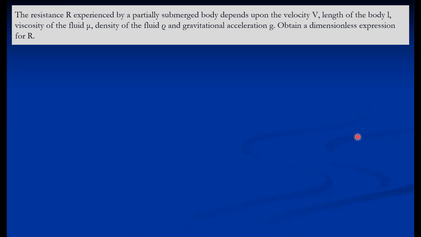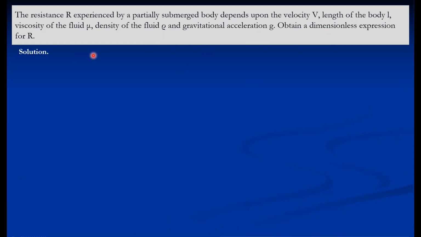So this is a physical phenomenon related with submerged bodies. A submerged body may be an aeroplane, a ship, a boat, or it may be a building also, because these flow parameters are given.